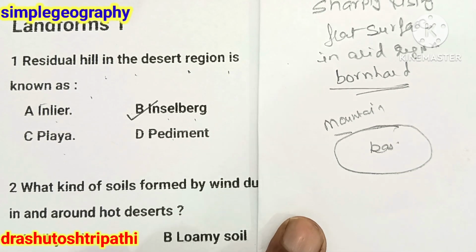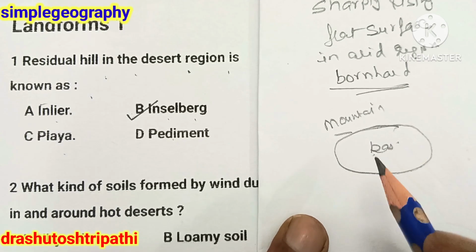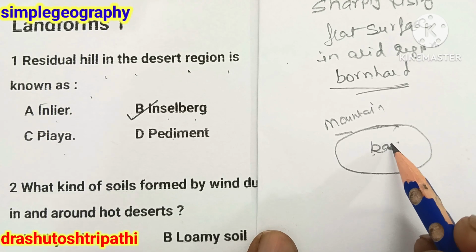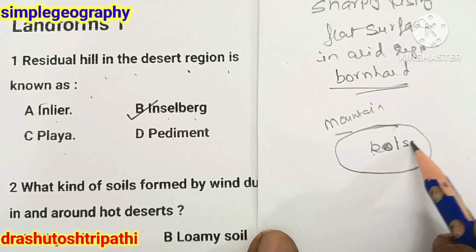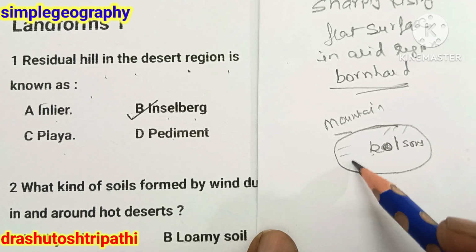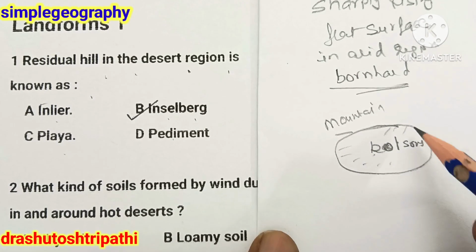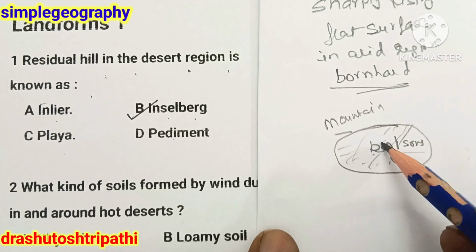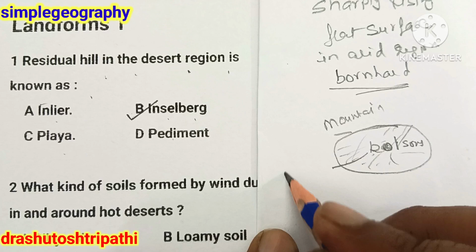The definition is an inter-mountain basin in arid or semi-arid regions, generally called a bolson. A number of short-lived rivers come here and deposit sediments, and that region is known as the Playa.